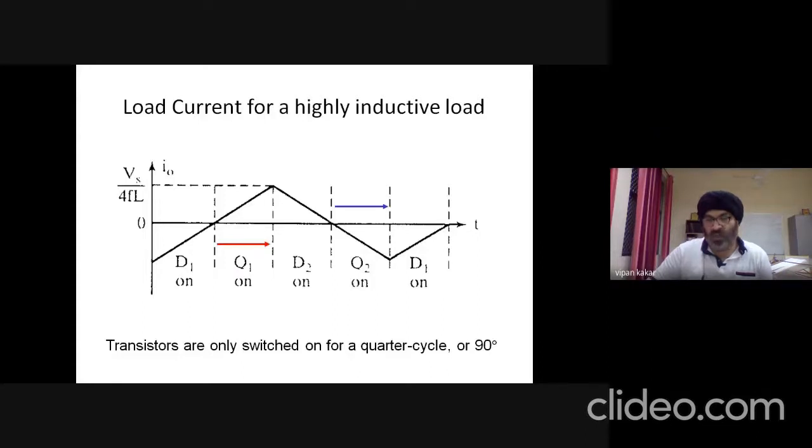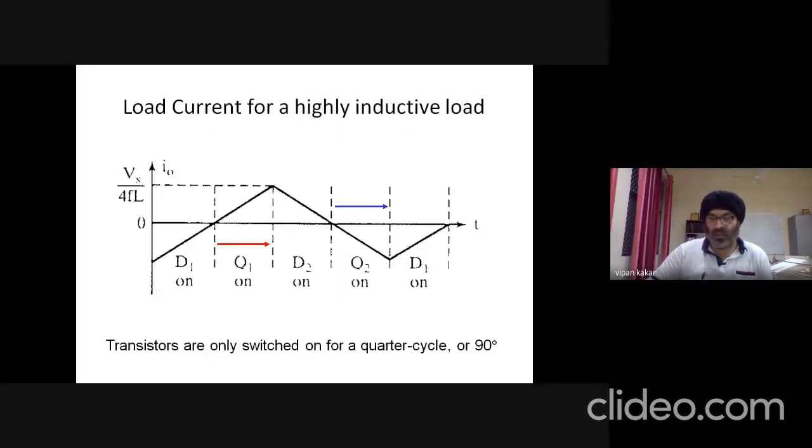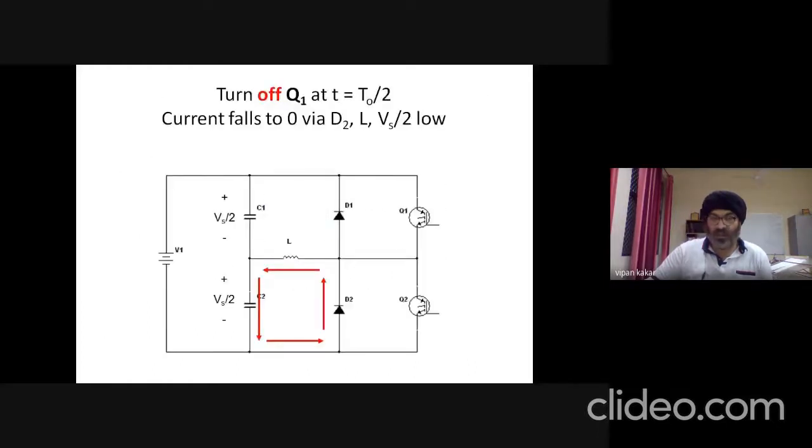And again, when Q2 was turned on, the current again starts to ramp up through this load and then freewheels through D1. So current was ramping up in opposite direction. We see that. When through Q1, the current was flowing from right to left.